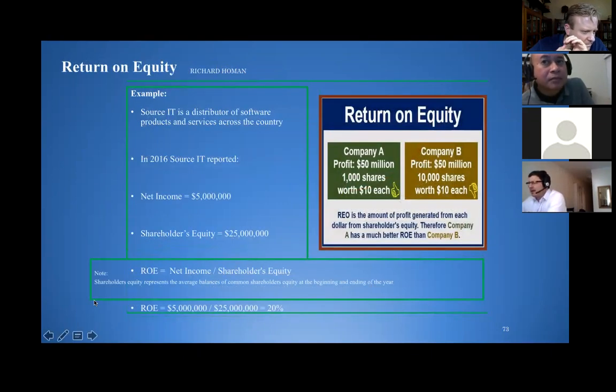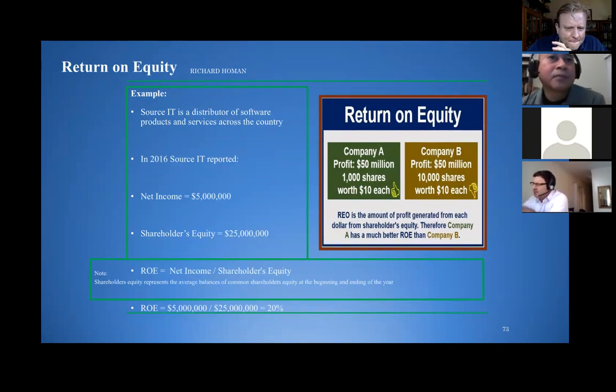So here I've got an example. Sorry that the slide actually got a little mixed up here, but in any event, I can walk everyone through it. In this particular example, we've got Source IT. They're a distributor of software products and services. Their net income was $5 million. The average shareholder equity was $25 million.